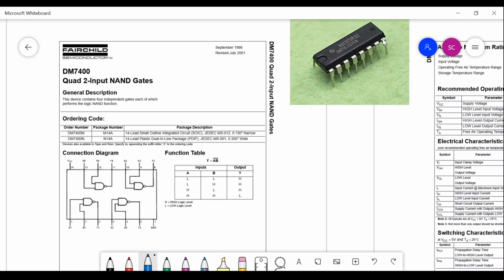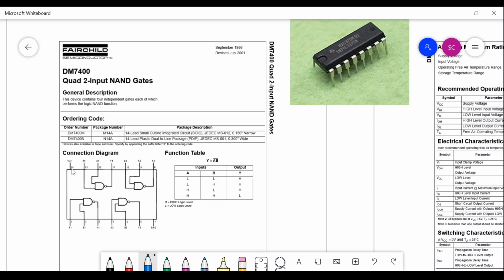In 7400 there would be only 7 terminals on one side and 7 terminals on the other side. Terminal number 7 is the ground terminal for 7400. The next terminal just opposite to 7 is 8, then 9, 10, 11, 12, 13, 14, and 14 is the VCC terminal.